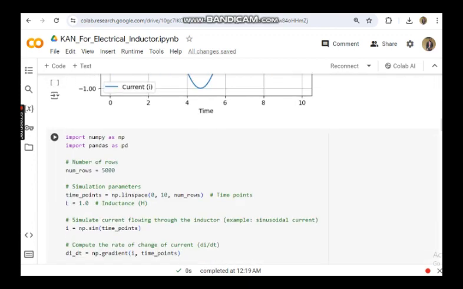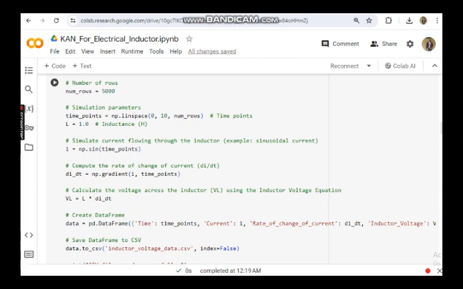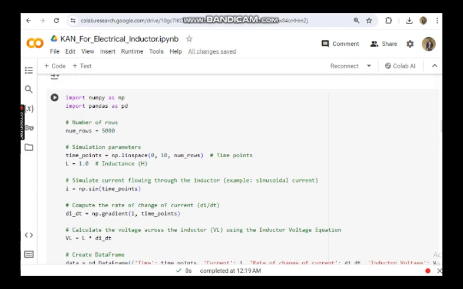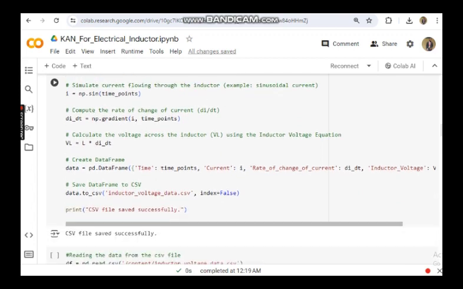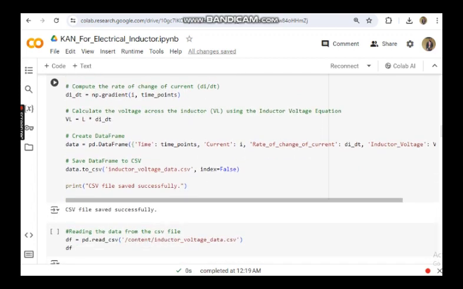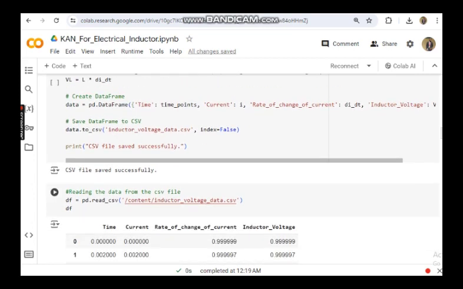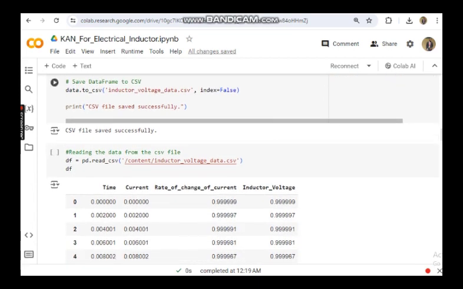I generated the data and stored it in a CSV file. I iterated 5,000 times so that it can generate enough data to train the KANs, see the type of equation it comes out with, and see if it's going to simulate the same behavior as the original equation above.